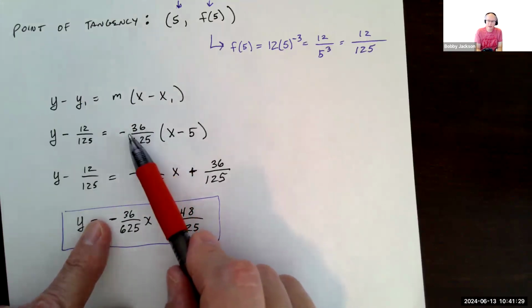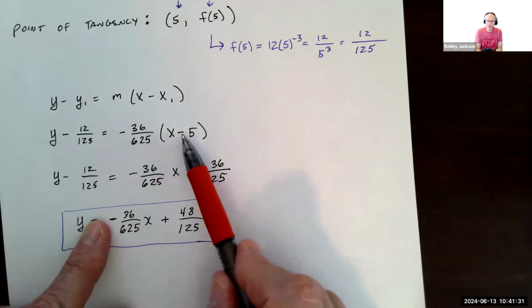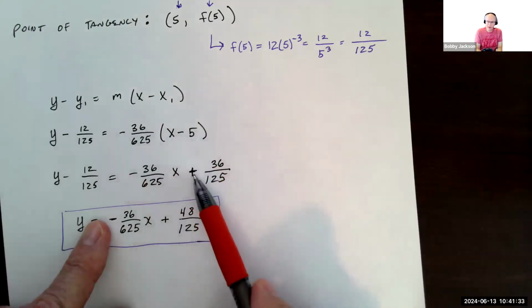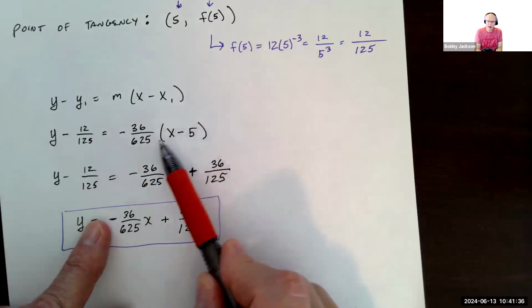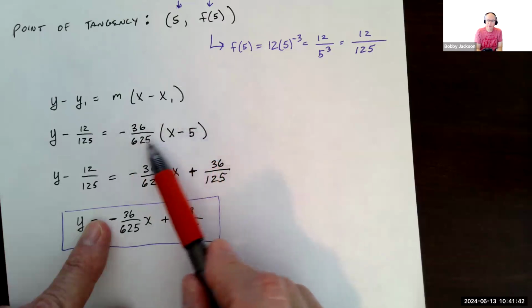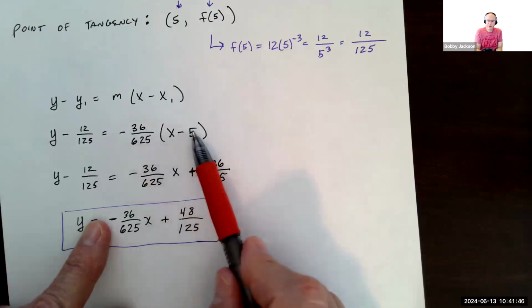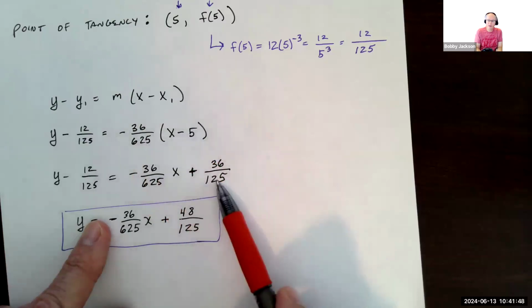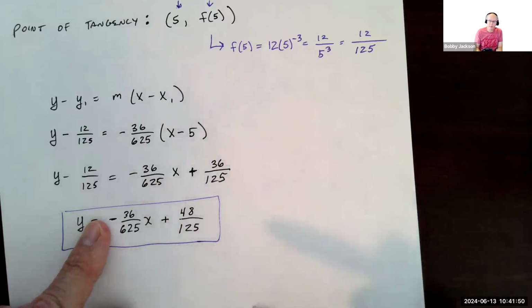Now when I multiply the negative 36 over 625 times the negative 5, notice negative times negative gives me positive. And this 5, there's a factor of 5, right? Remember 625 was 5 to the 4th power. Well, when I multiply, I can divide numerator and denominator by 5, and I'm just left with 125 in the denominator. Hopefully that makes sense.